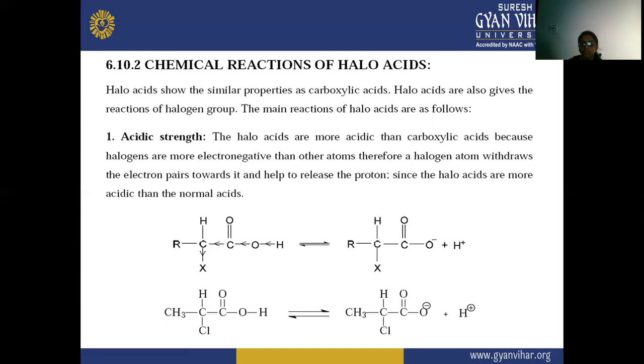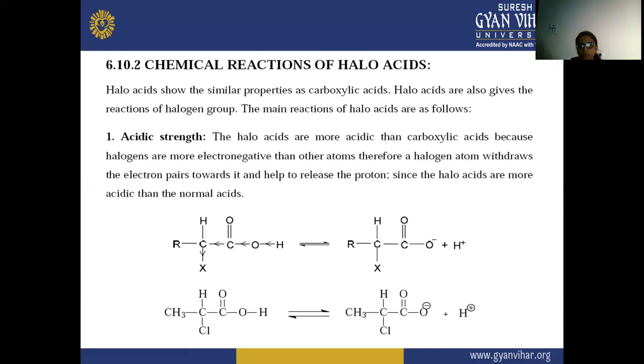So these halo acids are more acidic than the carboxylic acid because halogens are more electronegative as compared to the carbon atoms of the carboxylic acid. They have the capability to withdraw electrons from another atom. They will withdraw the electron pair towards themselves, and this helps to release the proton from the carboxylic acid.